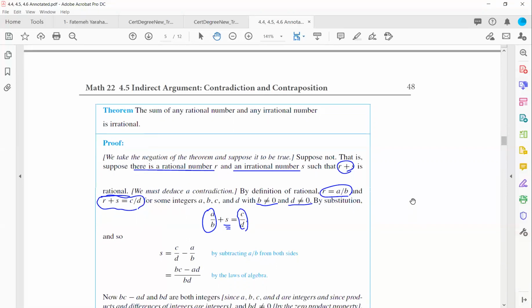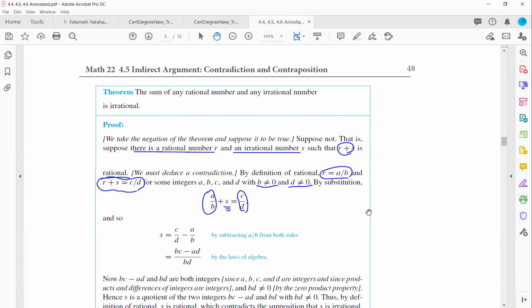Let us subtract A over B from both sides and take common denominator. What does it tell you? It tells you on the left-hand side, you have an irrational number. At the same time, on the right-hand side, you have a rational number. So this last statement is saying that your rational number is equal to an irrational number.